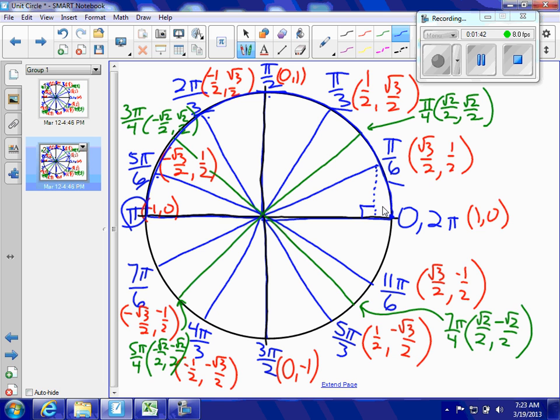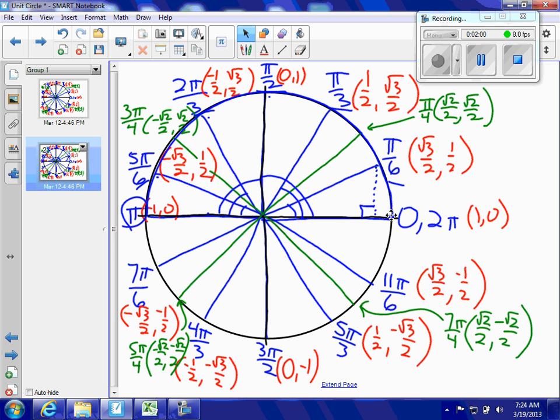So I have 30 degrees, 60 degrees, 90 degrees. And then going up from this side, but in a different quadrant, I have 30 degrees, 60 degrees, and 90 degrees. And that same logic goes all the way around the circle.